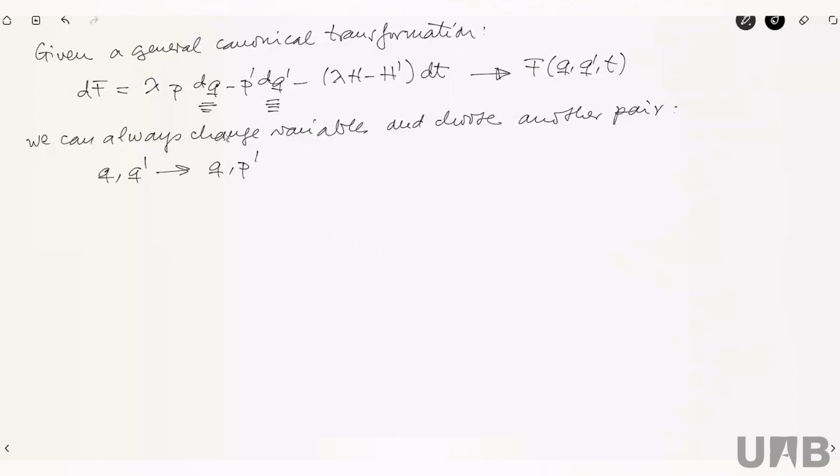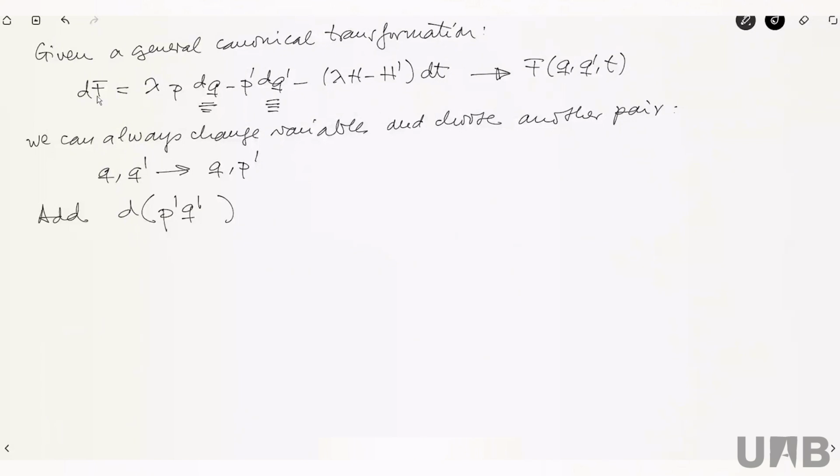All you have to do is add the differential of something which depends on q's and p's, or q primes and p primes, not the derivatives of that. And so let's imagine that we add p prime q prime to this generating function.